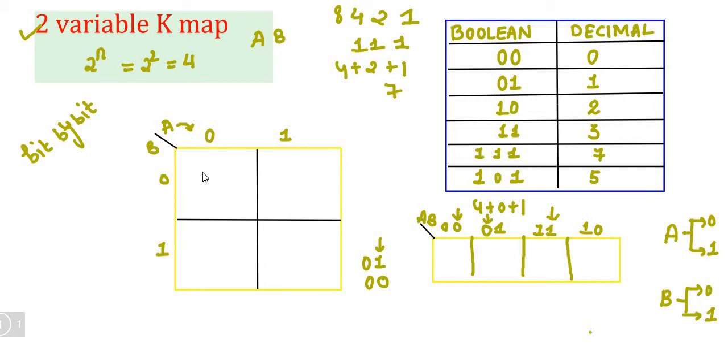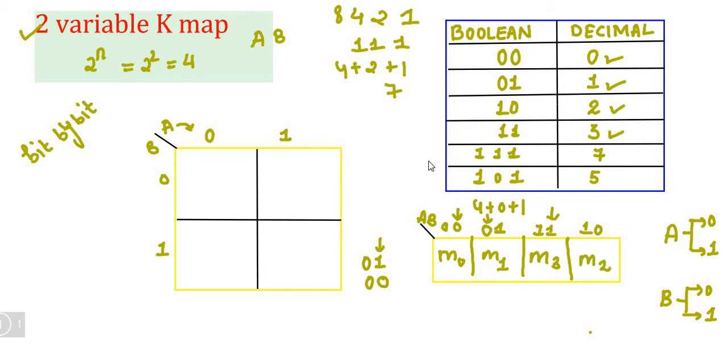This cell can be named M0 since it has decimal value 0. This can be named M1 because it has value 01. Now for 11, as you see, it is M3, not M2. So this is going to be M3 and this is going to be M2.